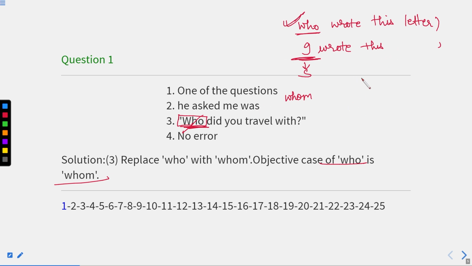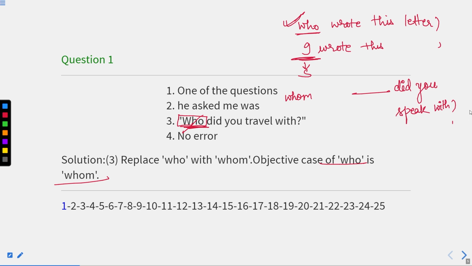Okay, but suppose there is a blank. I need to fill in who or whom, whatever. "Did you speak with?" Okay, this is the question. Or "speak to." Now when you see this question, suppose I say that I spoke to him.